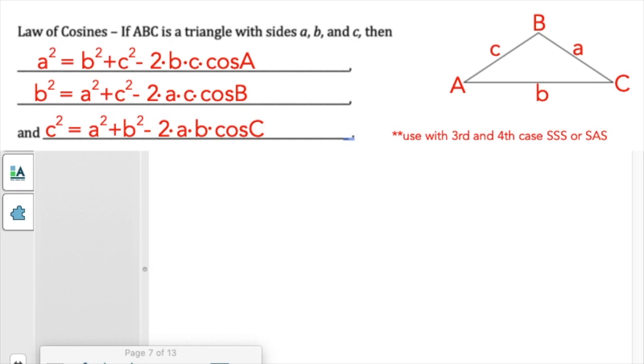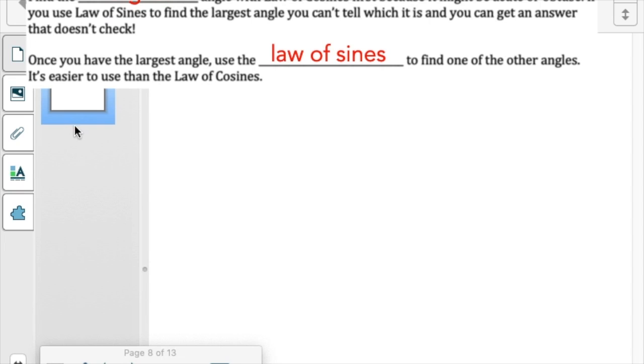Now, law of cosines has a couple of caveats. With law of cosines, you have to find the largest angle first because there are some special cases where the largest angle might be acute or obtuse.